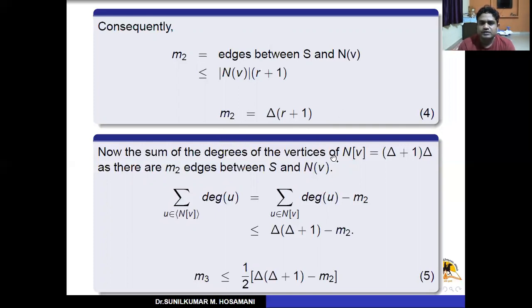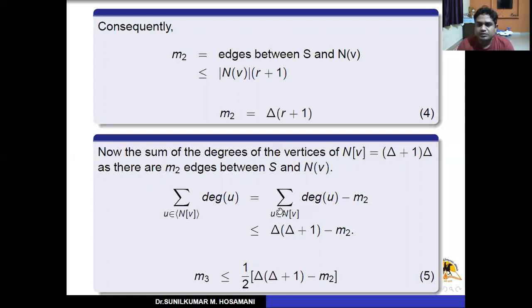Now look at M3. The sum of the degrees of every vertex of the closed neighborhood of V can be written as delta times delta plus 1. Now look at the summation of the degree of every vertex in the subgraph induced by the closed neighborhood of V. It is equal to the summation of the degree of every vertex in the closed neighborhood of V minus M2.